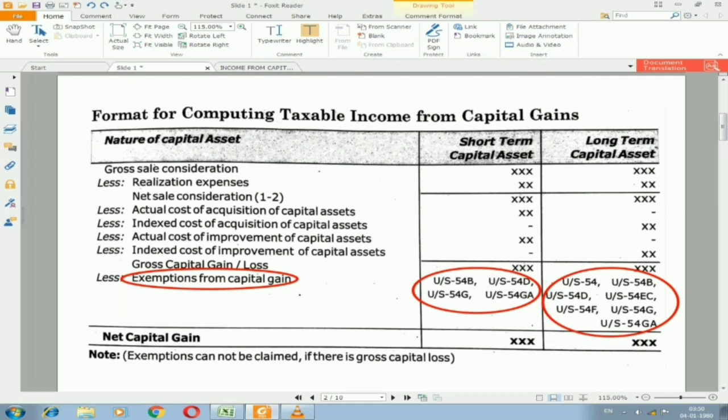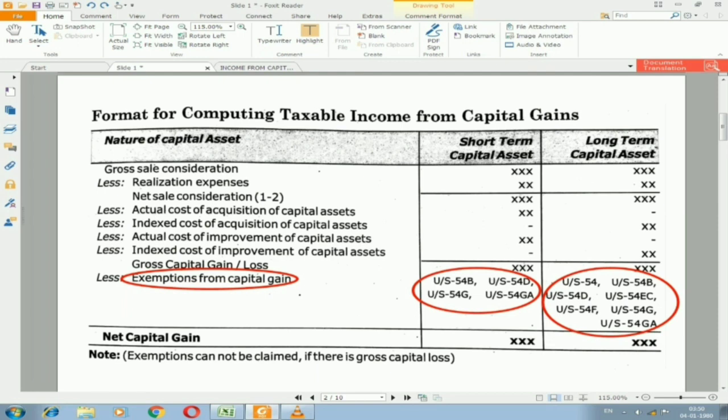The new investment can be in the form of purchasing a new capital asset, or investing in bonds, or in equity shares, or under the capital gain account scheme, which started in the year 1988. By making such investment, the assessee gets an exemption, and that money can be deducted while calculating capital gains, so that he can reduce the tax paid to the government.